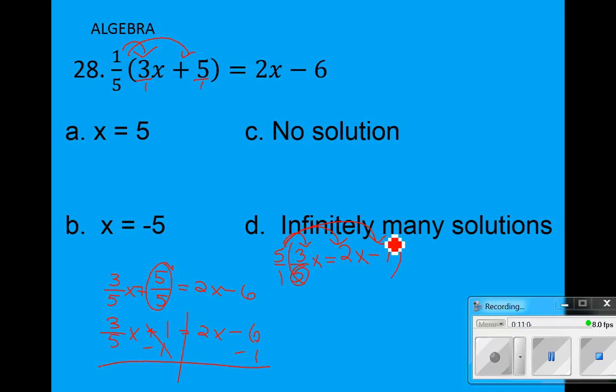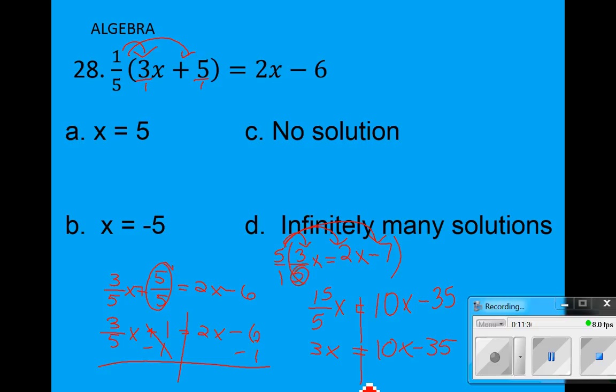So that would be 15 over 5x equals 10x minus 35. You can do that because you multiplied everything in the equation. Both sides were multiplied by the same number. So it keeps the equation equivalent. This is 3x equals 10x minus 35.